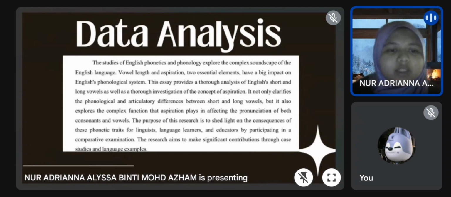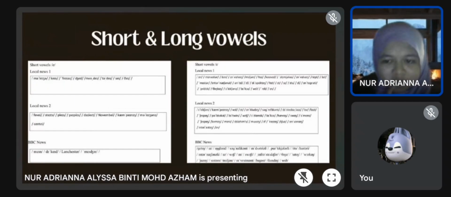The purpose of this research is to shed light on the consequences of these phonetic traits for linguists, language learners, and also educators by participating in a comparative examination. The research aims to make a significant contribution through case studies and also language examples. So here are some examples that my group and I have found and collected in these 3 transcriptions.